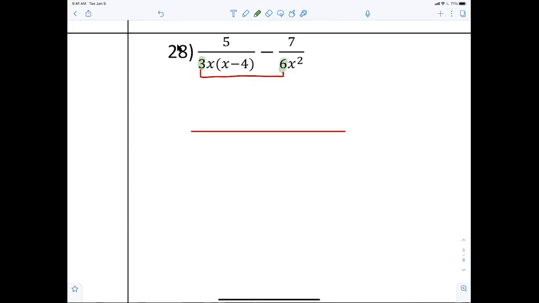Does everybody agree with me? 6. All right, so that's 6. And then we take the largest here, right? So that's going to be what? 6x squared. And then what else? x minus 4.